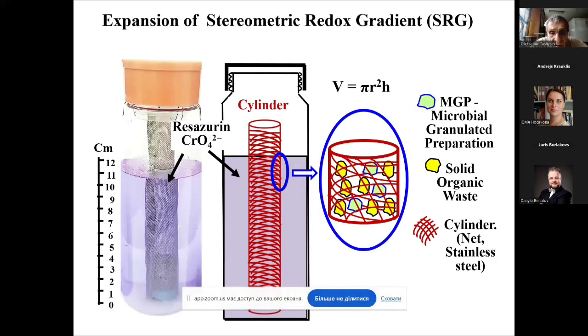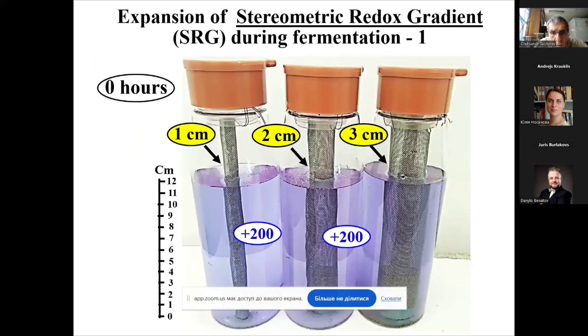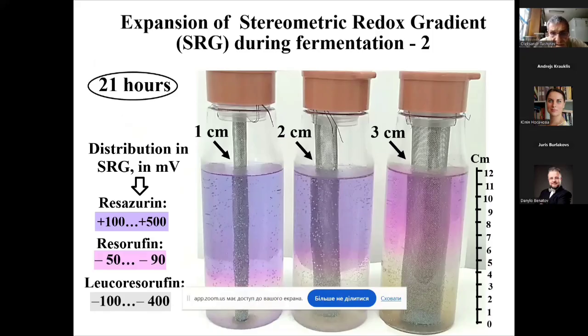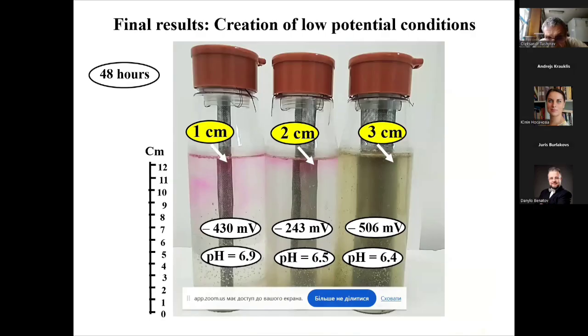So then we investigated the minimal effective size of the zone of redox locality. Here you can see the illustration of this scheme, and we use resazurin to observe the changes in redox potential in the process of fermentation.